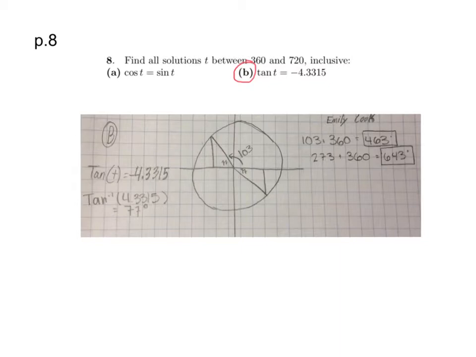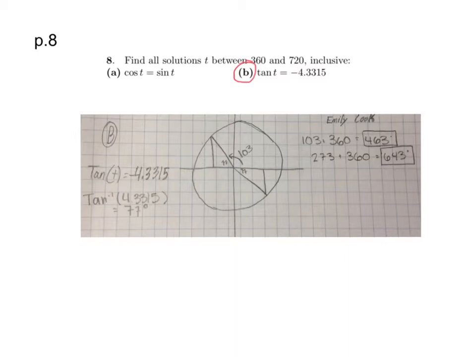Negative 4.3315 in tangent would be in quadrants 2 and 4. So we did 77 degrees away from 180, which equals 103 degrees. And you have to add that to get between 360 and 720, so we added 360 and got 463 degrees. And then we did the same with 360 degrees minus 77 degrees, which gives 283 degrees.